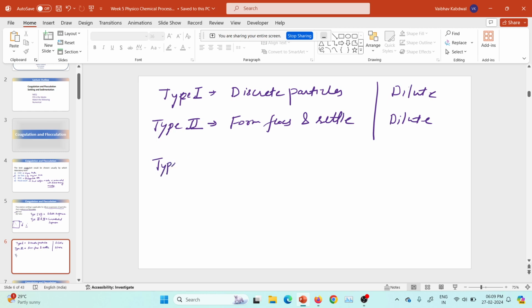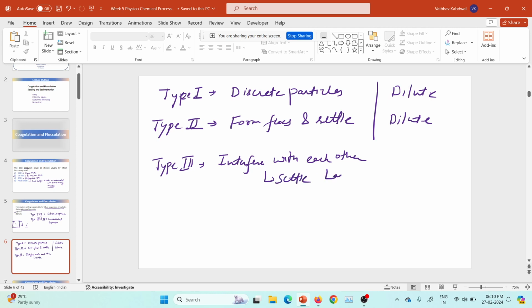In type 3, they will interfere with each other, and they will settle like a layer.